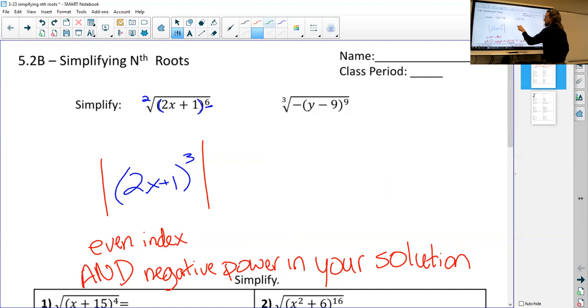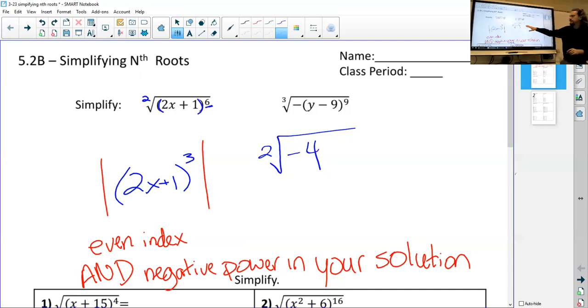Okay. Actually, one more. We got one more kind of problem you're going to see. What if we have a square root of a negative, just say -4. Why not? Don't even worry about anything else. This is just a reminder, nothing new, that you can't take the square root of a negative number, but we can factor this out and say this is the square root of -1 times the square root of +4.